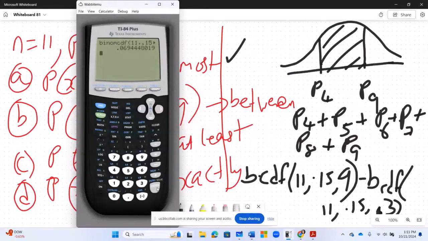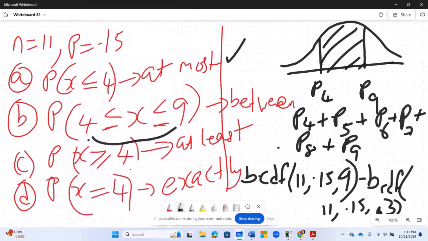Therefore, my answer to 3 decimal places is 0.069. So that probability is 0.069.